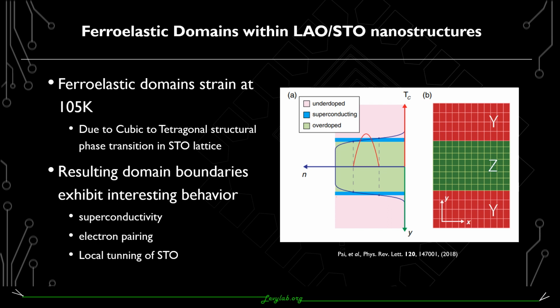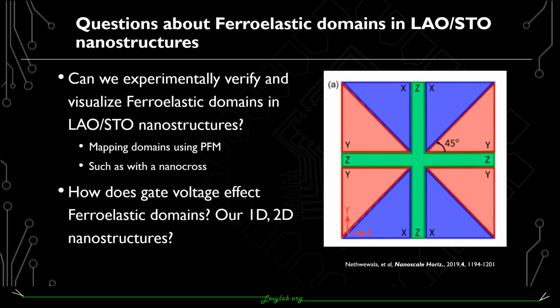Specifically, for our purposes, since we have shown that the Z-oriented region is conducting and elongated, these domains should be preserved to cryogenic temperatures and should correspond to our nanodevices. And so we have some questions about these domains.